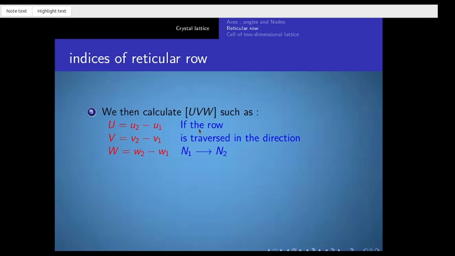This is true if the row is traversed in the direction of N1 towards N2.